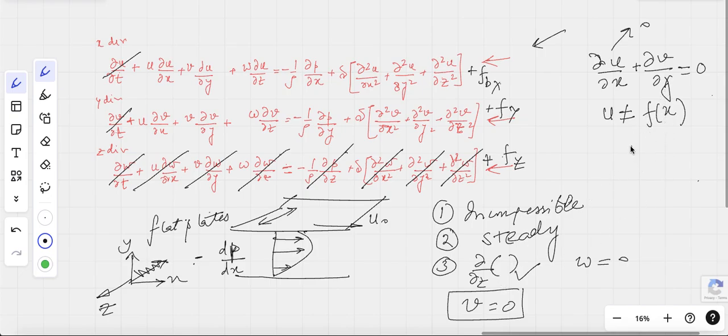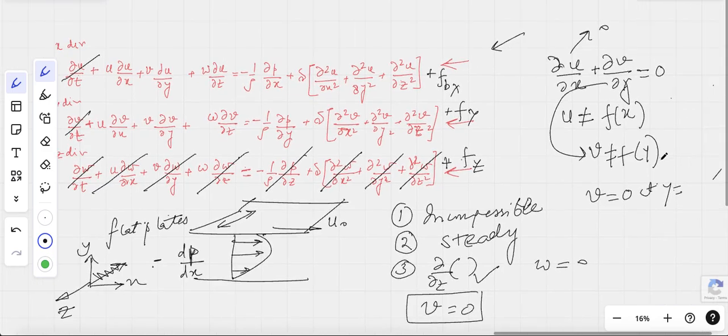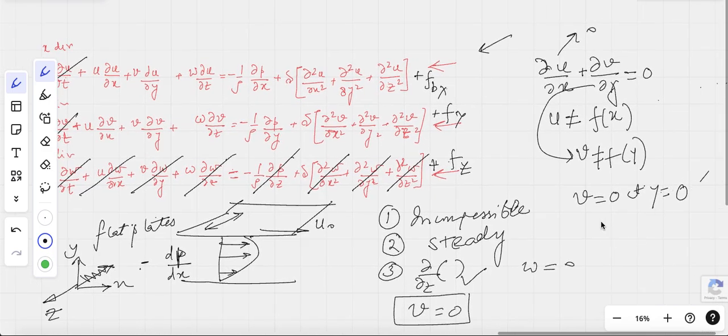So v is not a function of y from here. v is 0 at y equals 0. Therefore, we can say that v is 0 at all y, right? So this term vanishes.